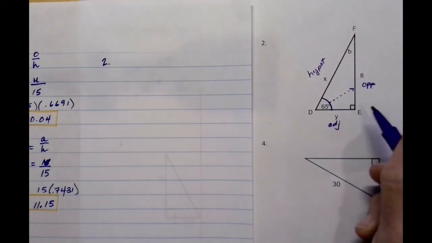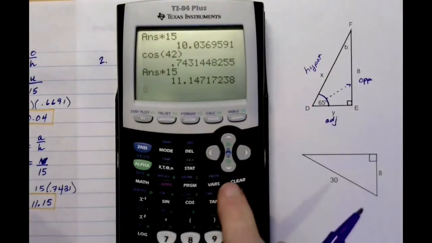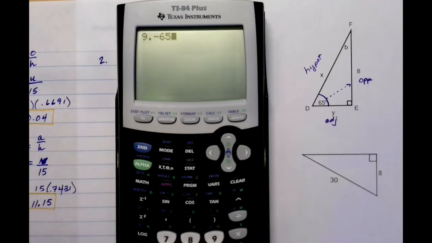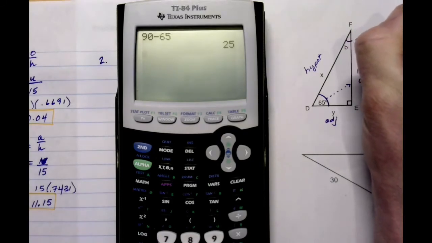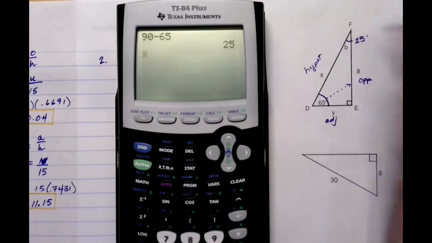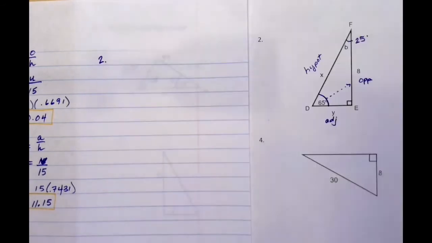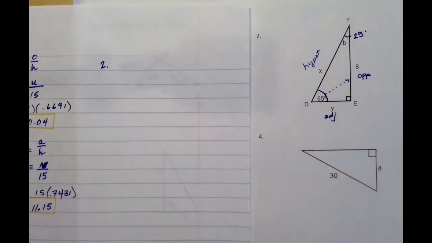So I can go ahead and solve for my missing angle. All I do is 90 minus 65. So I know that the measure of angle F here, my B value, is 25 degrees. I'm going to still use this 65 for my angle measurement for my theta.